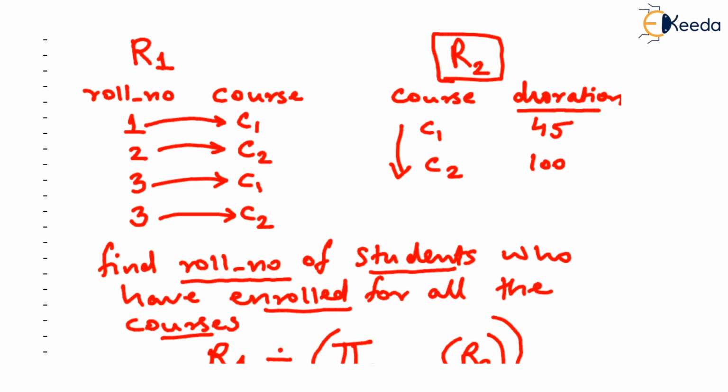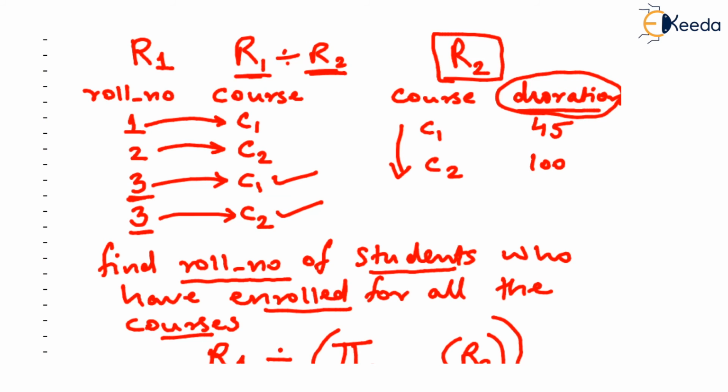And you very well know the result should be 3, because 3 is the roll number that has enrolled for both C1 and C2, but 1 and 2 have enrolled only for C1 and C2 respectively. But then there is a problem. To do R1 divides R2, R2 should be a proper subset of R1. But R2 contains a duration column, so it doesn't make R2 a subset of R1.